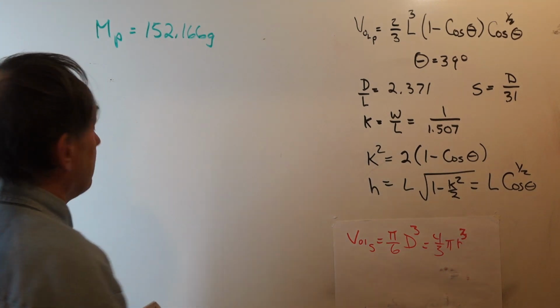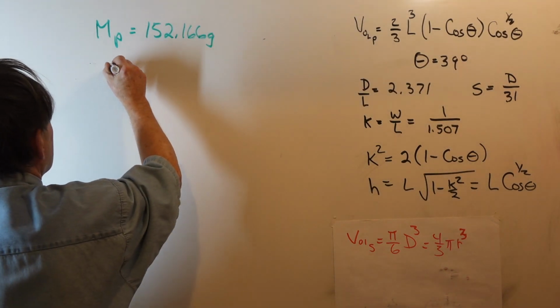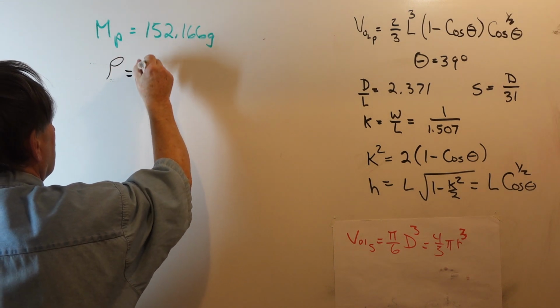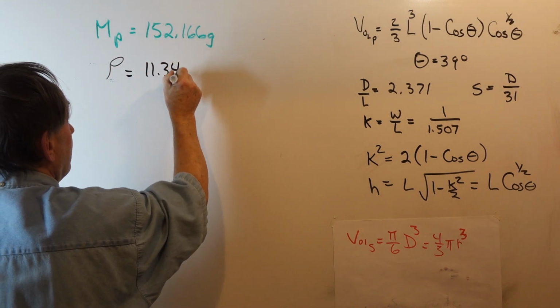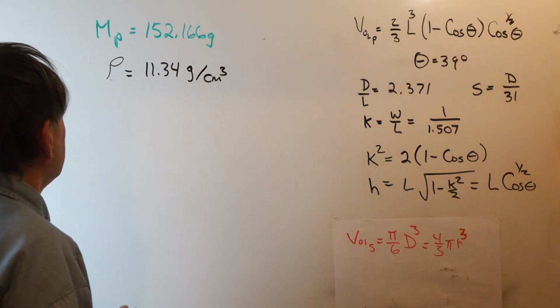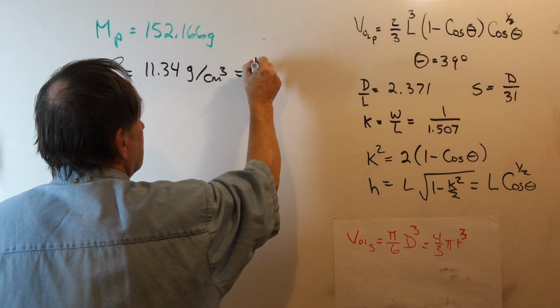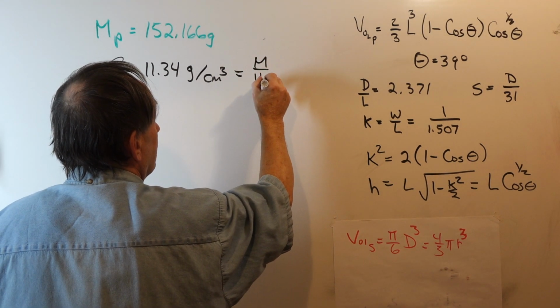Now, we know that the pyramid is made out of lead. That's given. So the density of lead is 11.34 grams per cubic centimeter. The relationship is density is mass per unit volume.